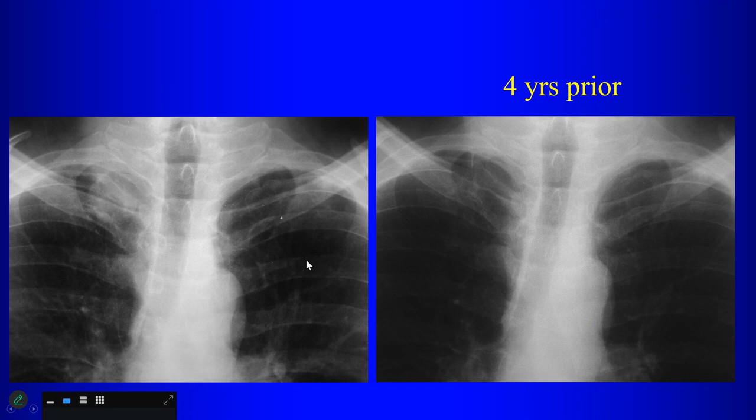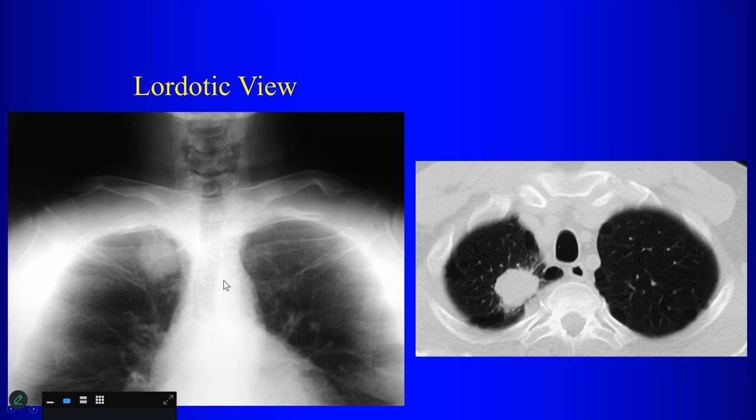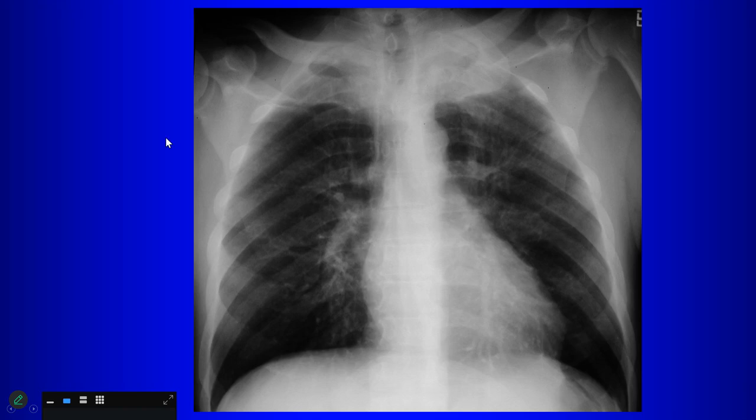I really encourage you, if you find an abnormality or something that you're questioning, go back and look at your priors. Right? So you look at this and now you compare your prior chest radiograph. There is a real difference there, okay? So this is real. And one of the few cases where a lordotic view is helpful, but anyway, there it is. That's a cancer.